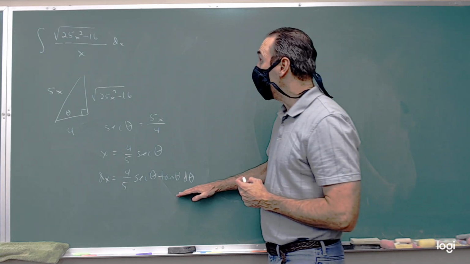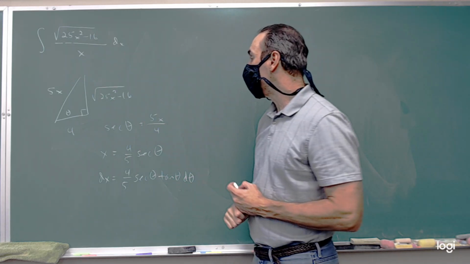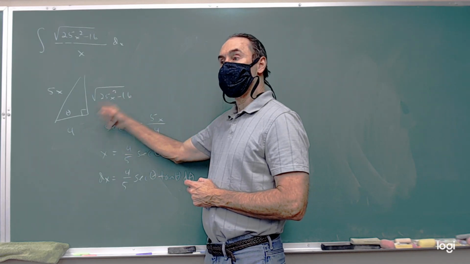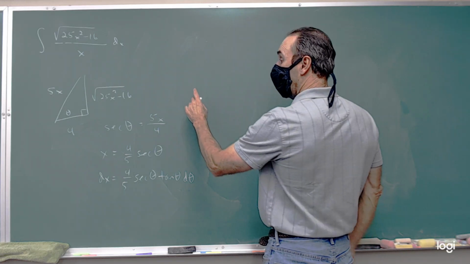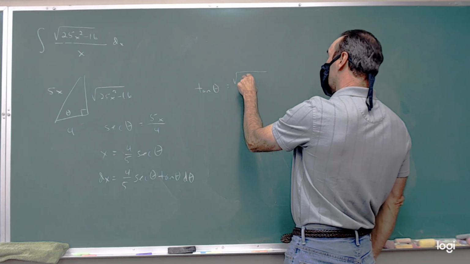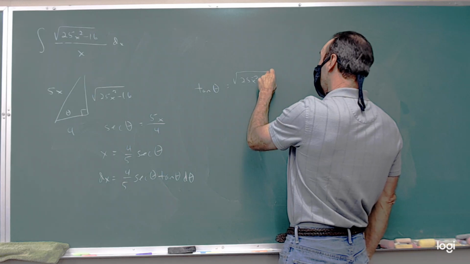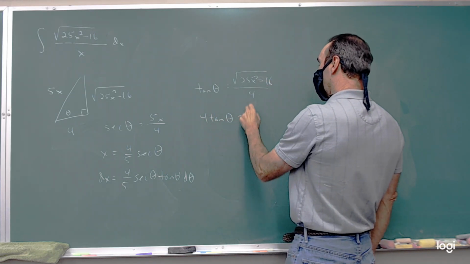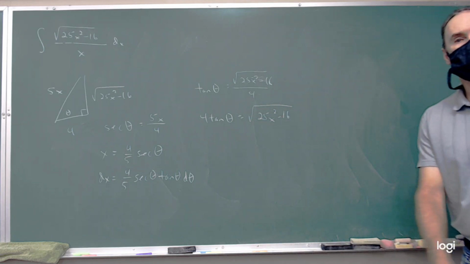So we've got our dx that we need, we've got our x that we need, the radical. So we're going to partner the radical with our constant, and that's going to be the trig function tangent. So tangent theta is the radical that we're trying to get over 4. So 4 tangent theta is going to be our radical, the square root of 25x squared minus 16.